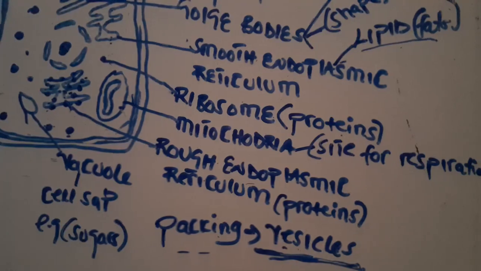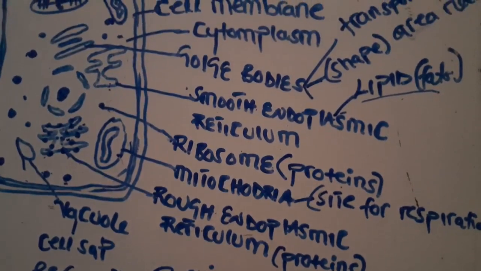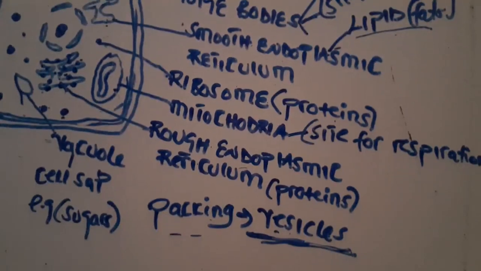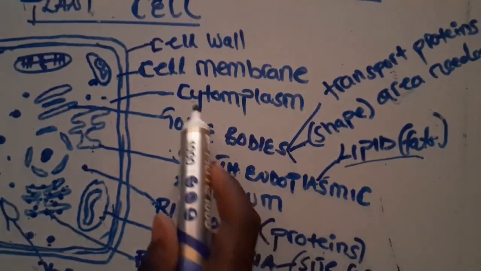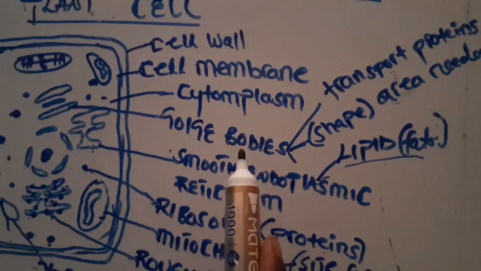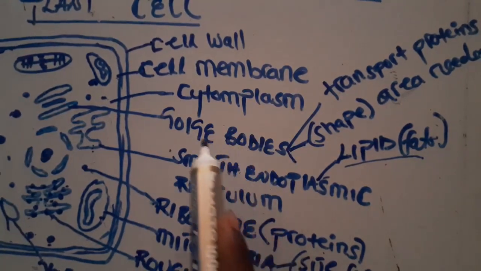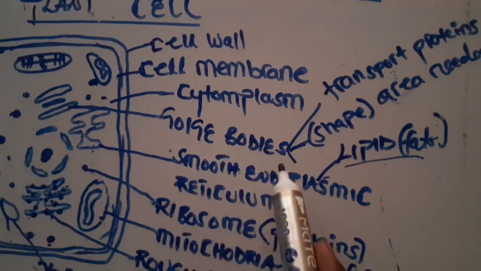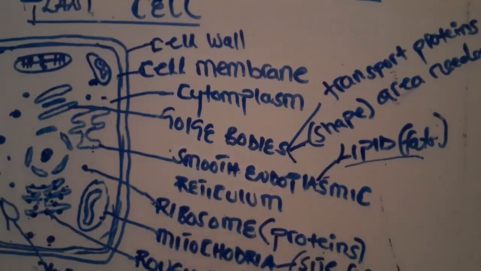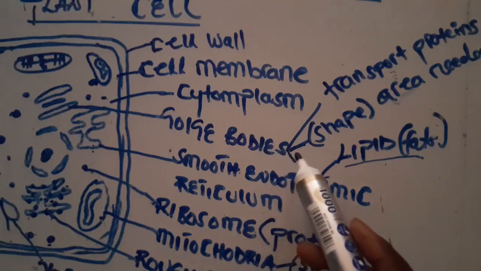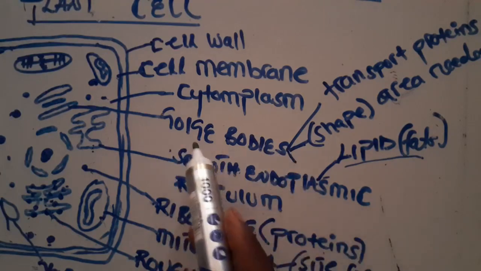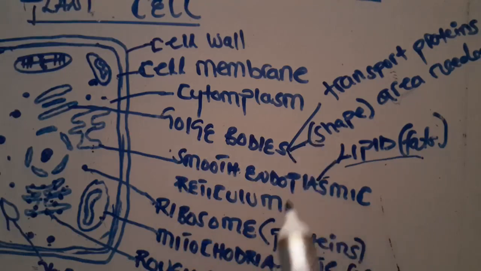But in this case, since it's just within the cell, the vesicles will transport the proteins to this part, which is called the Golgi bodies, because this is where the manufactured proteins come. When they come to the Golgi bodies, the Golgi bodies will now take them to the specific area where they are needed.